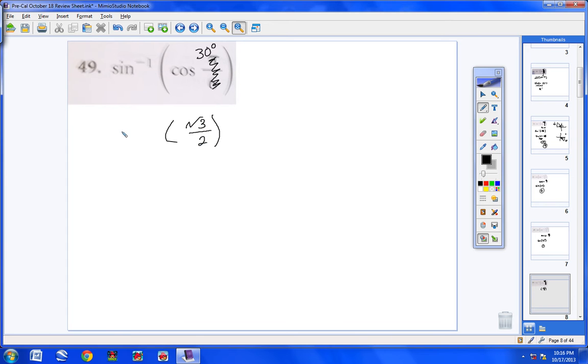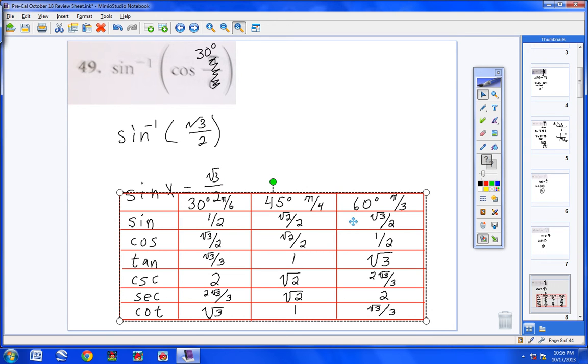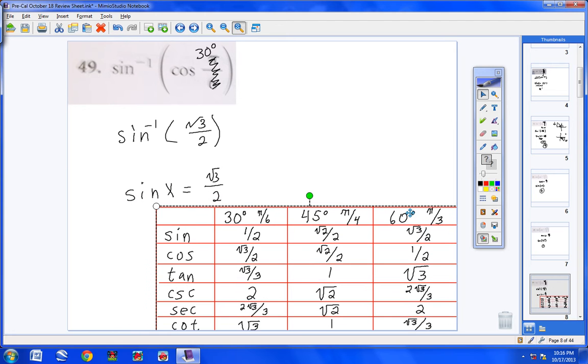And then bring down your inverse sine. Now, inverse sine of square root of 3 over 2 just simply means sine of some angle equals square root of 3 over 2. So let's look at our table again. I'm looking at all my sine answers here and seeing if I get square root of 3 over 2.